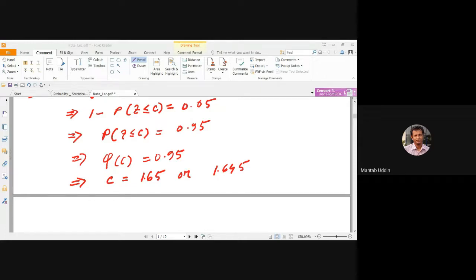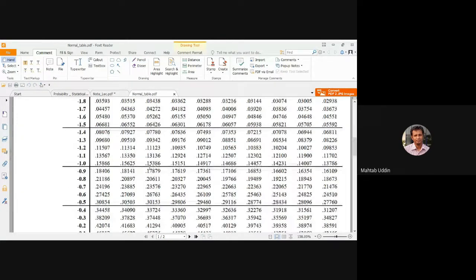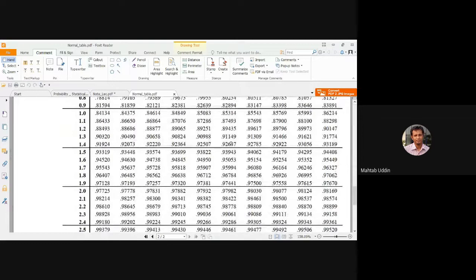Looking at the normal table, 0.95 is actually between these two values. Now tell me, close to which one?